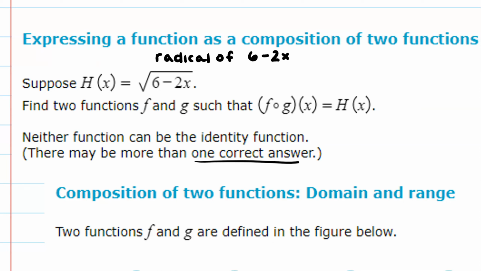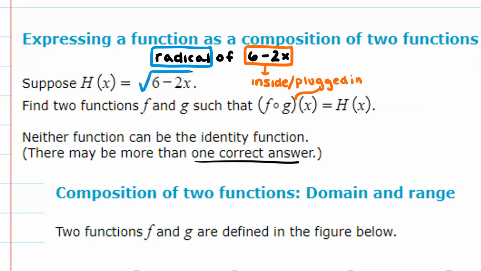But if you think about this, this is the radical of 6 minus 2x. So we could take radical as our outside function, and the thing we're plugging into it is 6 minus 2x. So this is the inside, or the thing that you plugged in.